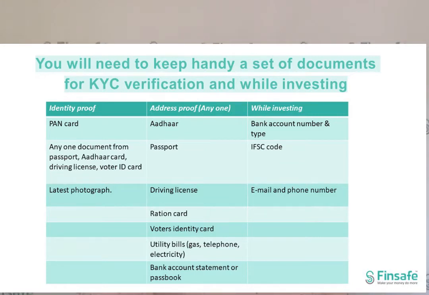And for address proof, it is again Aadhar, passport, driving license, ration card, voter's ID card, any of the utility bills, bank account statement or passbook. Remember that while investing, you need to have details of your bank account like the IFSC code, for example, and of course your account number.